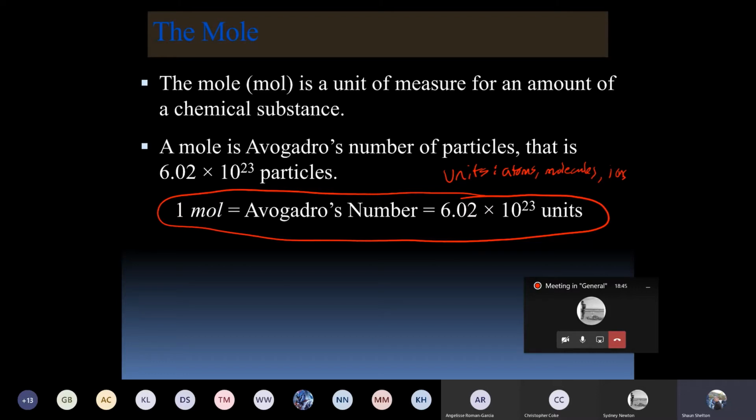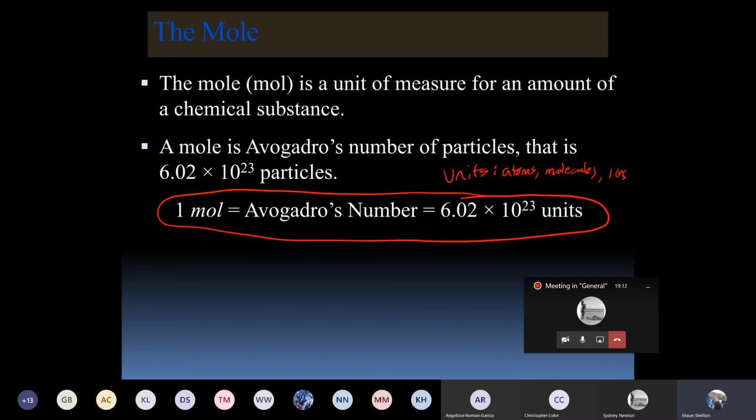Now, when we think about a sample of carbon that has around 12 grams, think about a number 2 pencil. If you have a full number 2 pencil, something that hasn't been sharpened, that's about 12 grams of carbon. So in that number 2 pencil, you have 6.02 times 10 to the 23rd carbon atoms present.